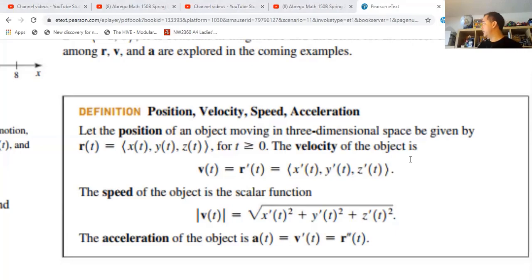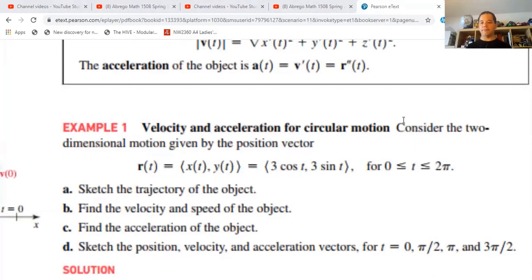It says, consider the two-dimensional motion. So this one will be a little bit easier because it will only be in 2 dimensions. Given by the position vector, r of t is x and y, and x is 3 cosine t, y is 3 sine of t, where t ranges between 0 and 2 pi. And first it says, sketch the trajectory of the object, then find the velocity and speed of the object.